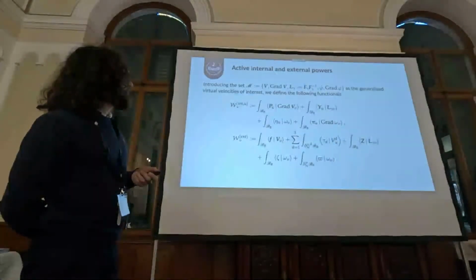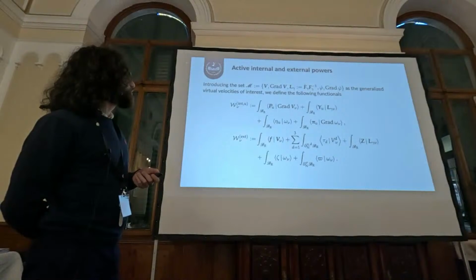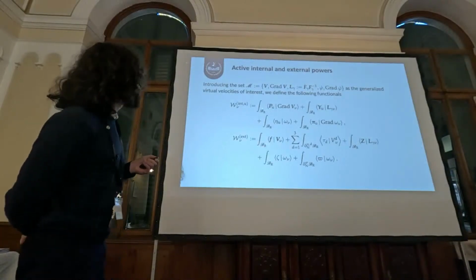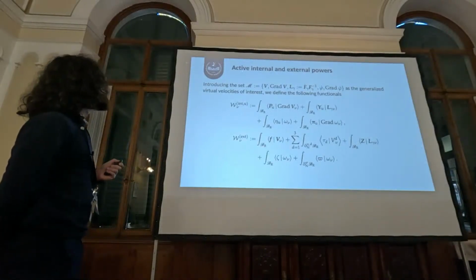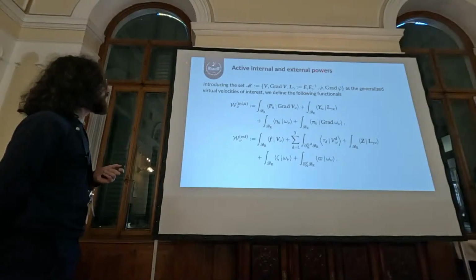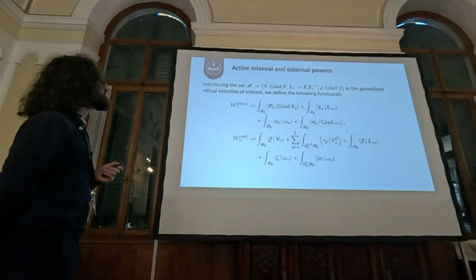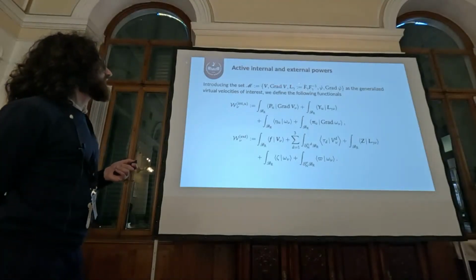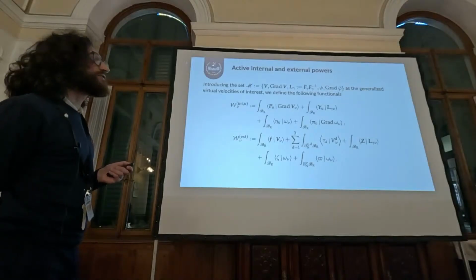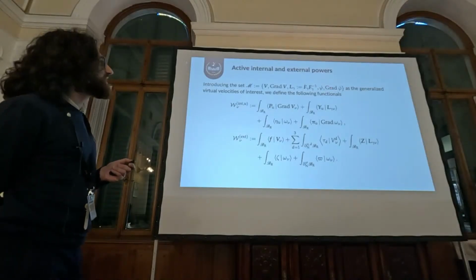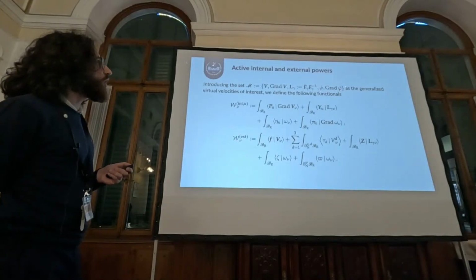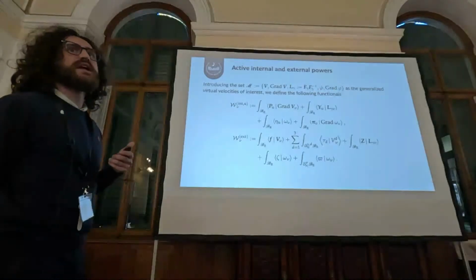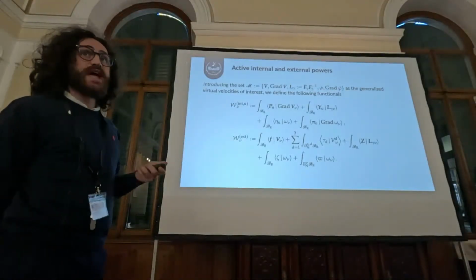So now we are able to define the three functionals. To define the active internal power, we introduce the set of generalized virtual velocities of interest in the model. We can note that for the phase field we are considering the rate of the phase field and the rate of its gradient, so we are in a grade 1 theory for damage.